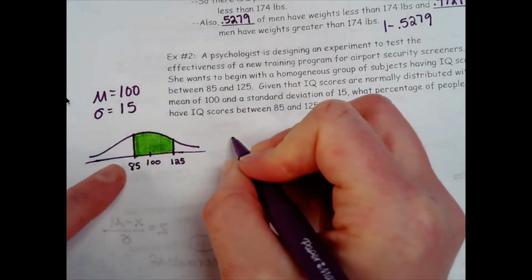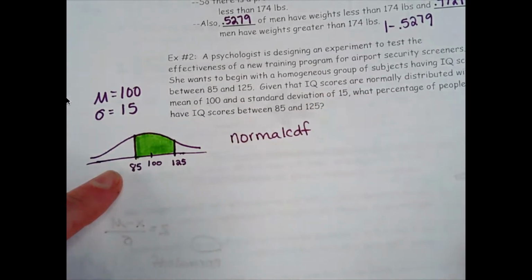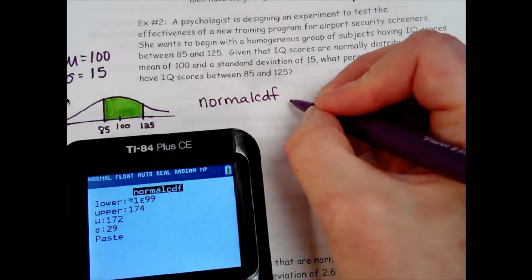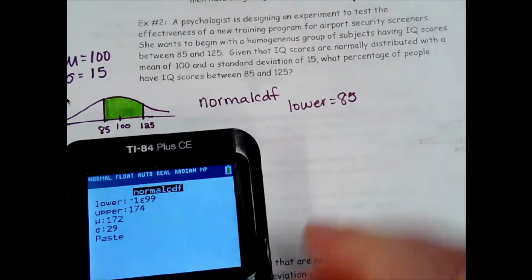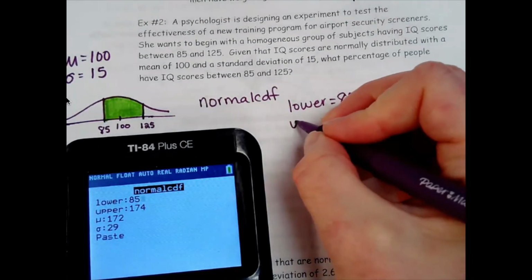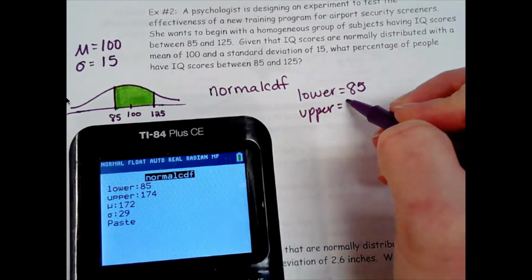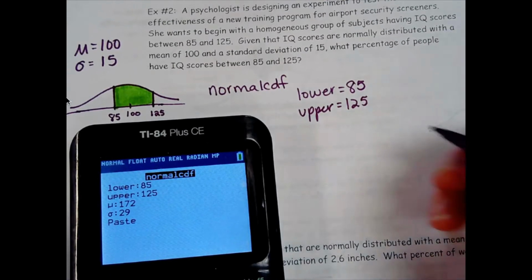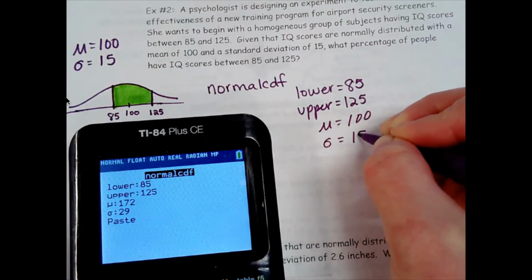We can do normal CDF. What's our lower? Lower is 85. Upper is 125. They've given us the mean of 100, standard deviation of 15.